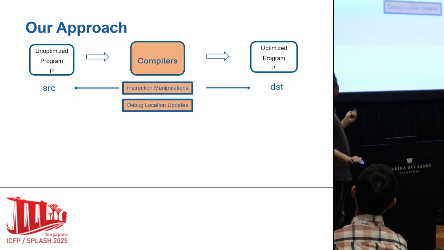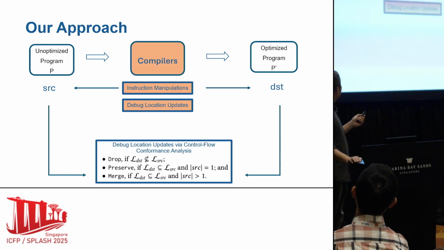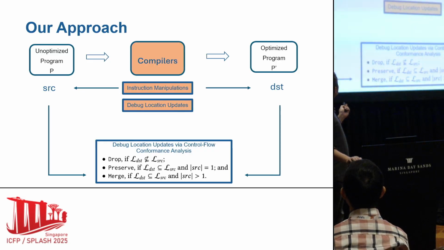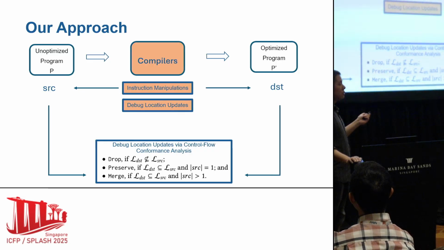And with the first type of information, we can find the correspondence between a source instruction and a target instruction in your optimized code. And with these two sets, source instruction set and destination instruction set, we are able to obtain a debug location set.